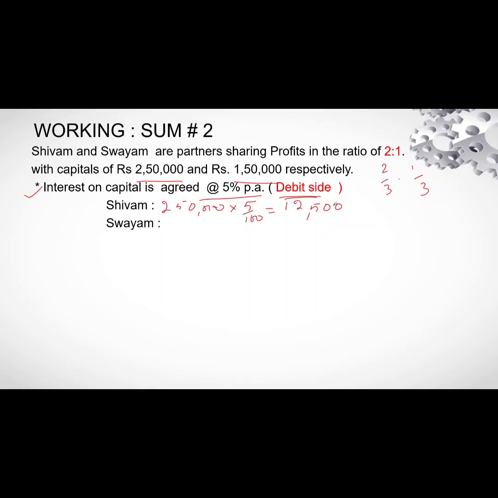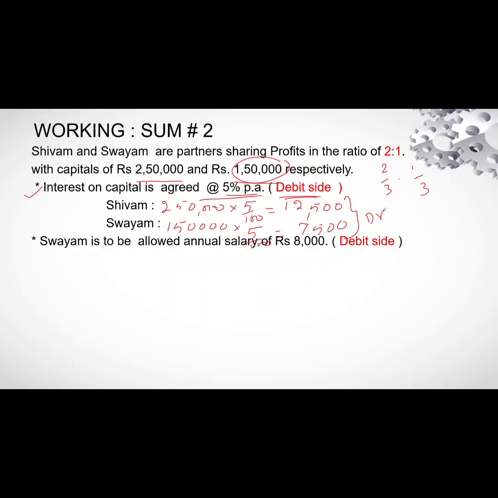And for Swayam, the capital amount is 1,50,000 and the interest rate remains the same, 5/100. So his interest on capital will be 7,500. This is the interest on capital of Shivam and Swayam, which will appear on the debit side of the Profit and Loss Appropriation account.